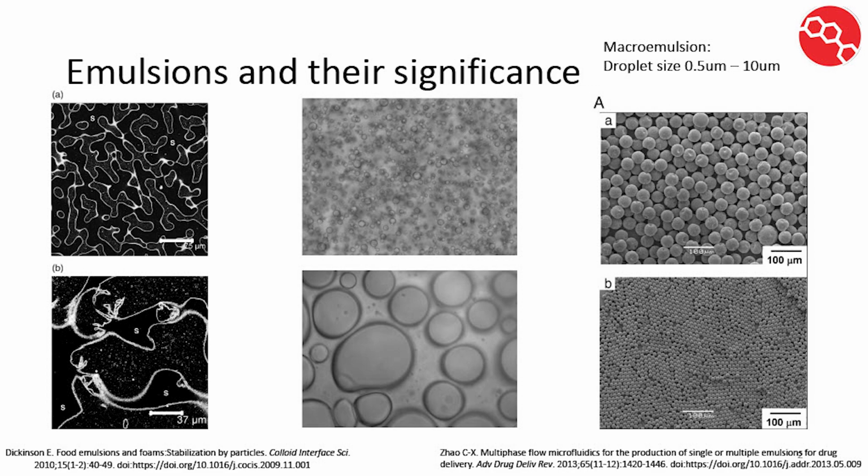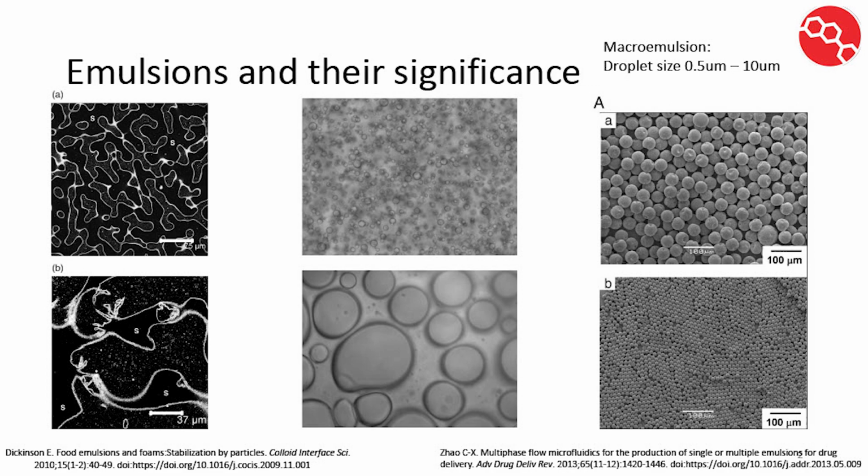In the middle is some research in the motor lubricant industry that we are working on in the lab. Those are some microscope pictures, which is also an example of an emulsion. And on the right, you have an example of pharmaceutical targeted drug delivery that uses emulsions as well.